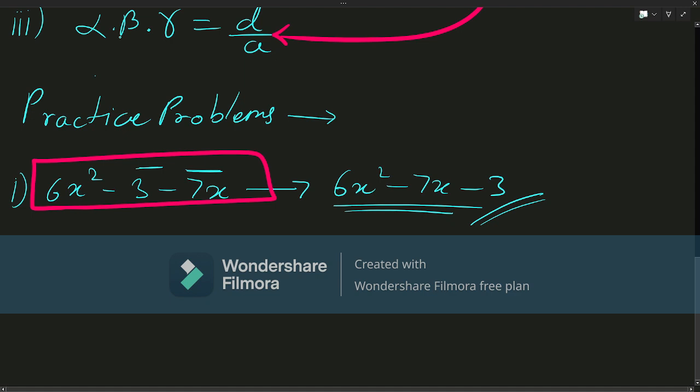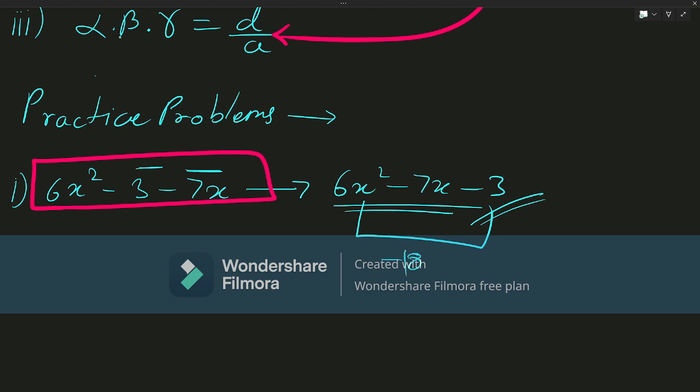Now, if we multiply 6 and minus 3, we get minus 18. So how are we going to find numbers that on subtraction or addition, or let's say multiplication, give us 7? 2 into 9 is 18, this could work.